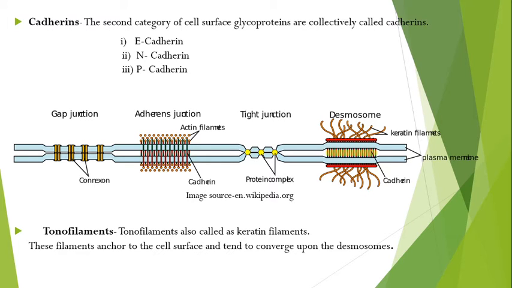The first category of cell surface glycoproteins is known as neural cell adhesion molecule, or NCAM, which operates in early embryonic development and is found on the surface of nerve cells and ganglion cells.